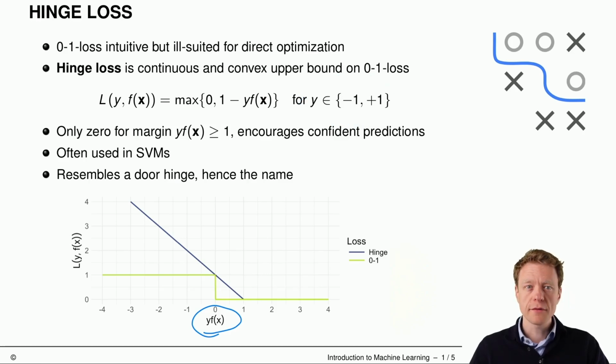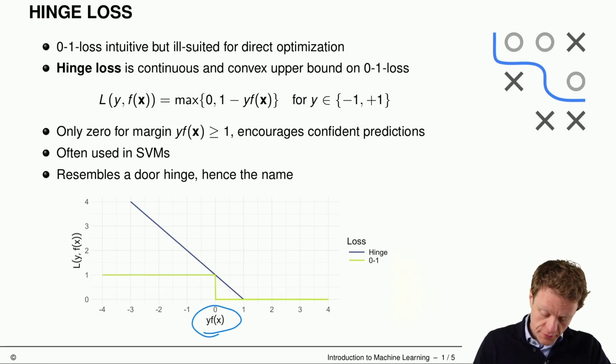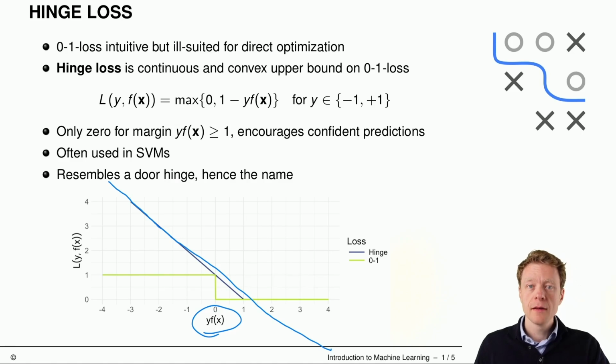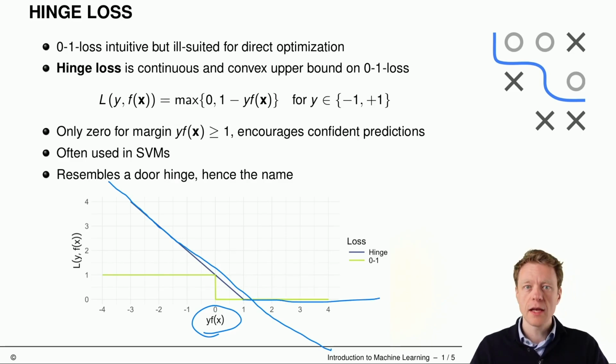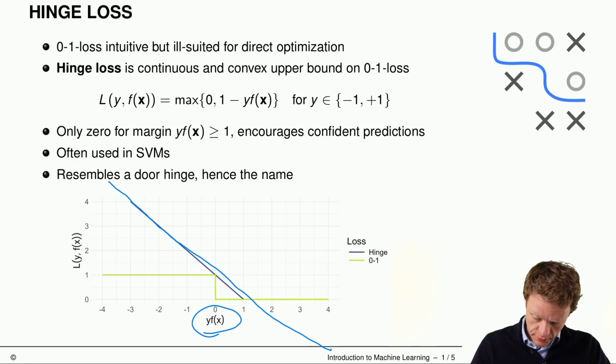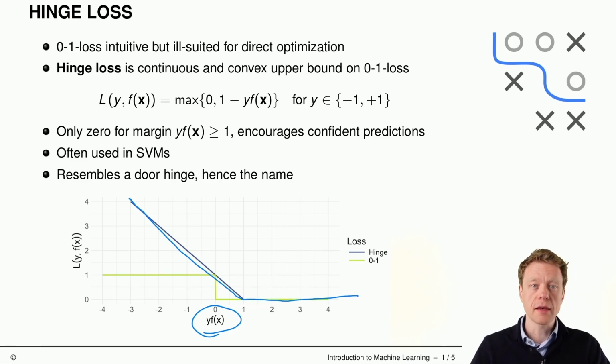Okay, so we have the 0-1 loss, and the Hinge loss is 1 minus the margin. So this thing here, but clipped to 0 if we have negative values. So in the end, we have this thing here as Hinge loss.